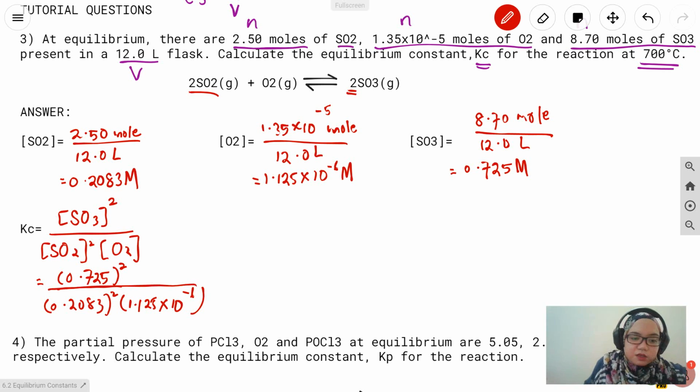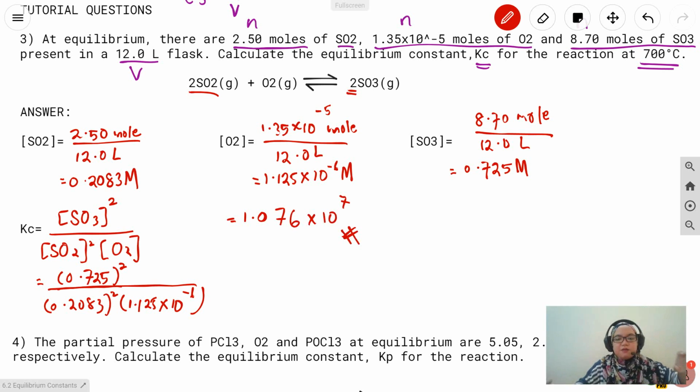Okay, so let's calculate Kc. We get the answer for Kc as 1.076 times 10 to the power of 7. And since Kc and Kp have no unit, there is no need to put a unit. So this is how you find the Kc for this question.